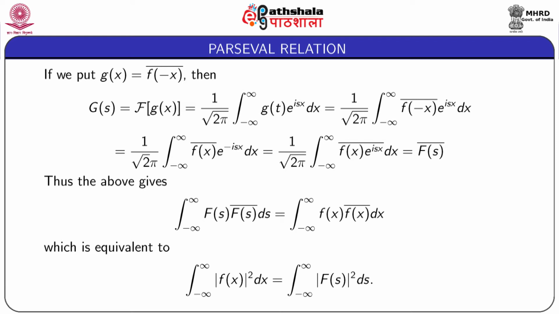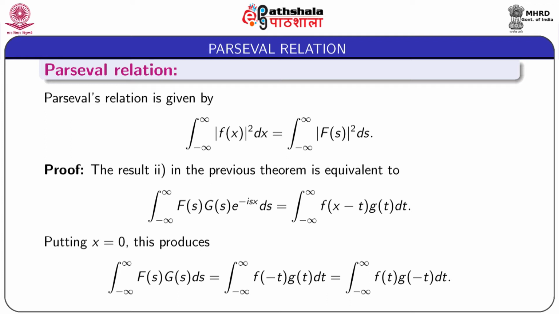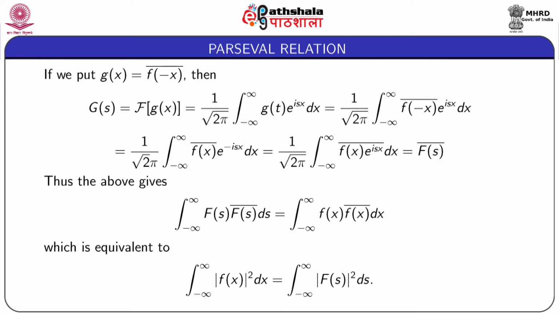Thus, in this result, by putting capital G(s) equal to capital F bar(s) and small g(x) equal to small f bar of minus x, we get integral minus infinity to plus infinity capital F(s) into capital F bar(s) ds.